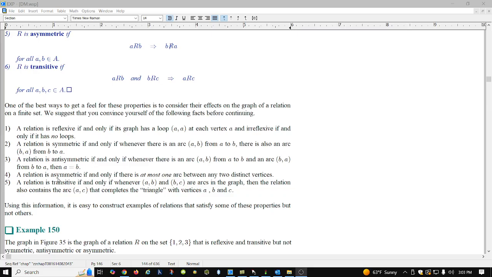A relation is asymmetric if and only if there is at most one arc between any two distinct vertices. A relation is transitive if and only if whenever there's an arc from a to b and an arc from b to c, then there's also an arc from a to c that completes the triangle.